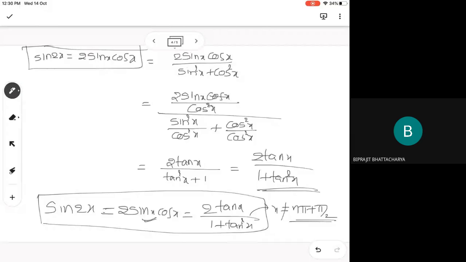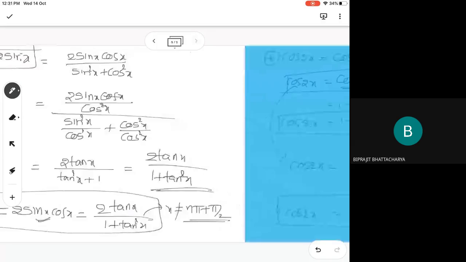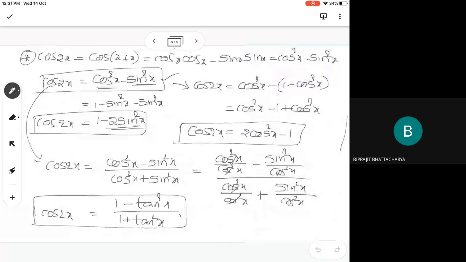Even here, whenever you consider where tan is not defined: tan is undefined in what places? 90 and 270. Suppose you consider the y-axis, what are the points there?